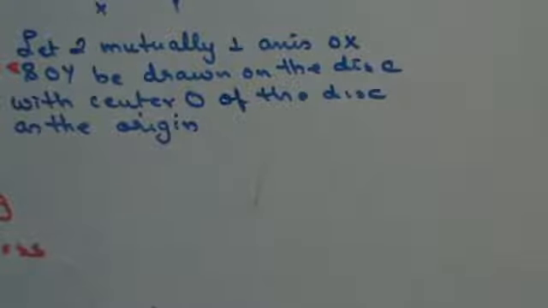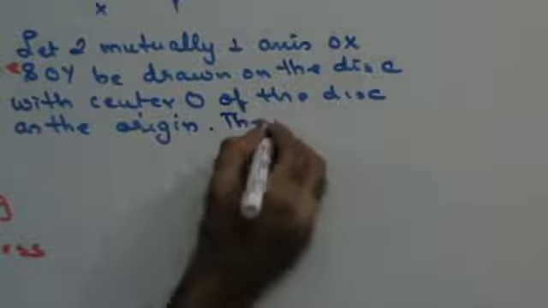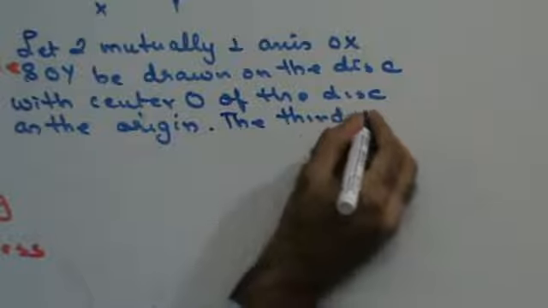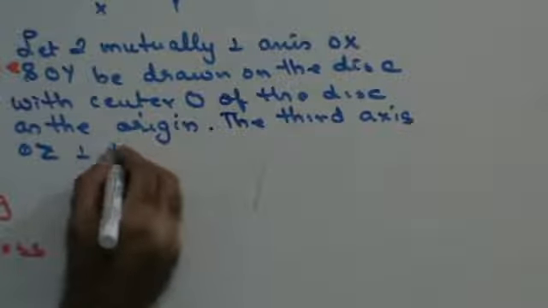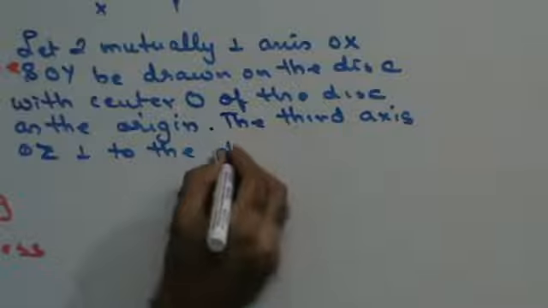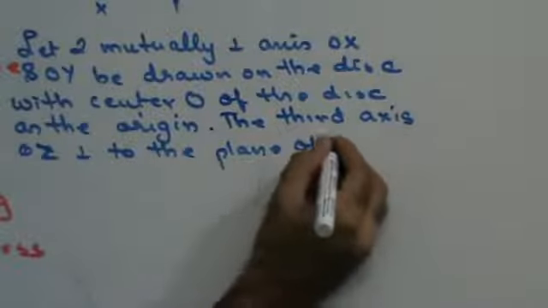So that's what we've drawn. Now I can say that the third axis OZ is perpendicular to the plane of the disk.